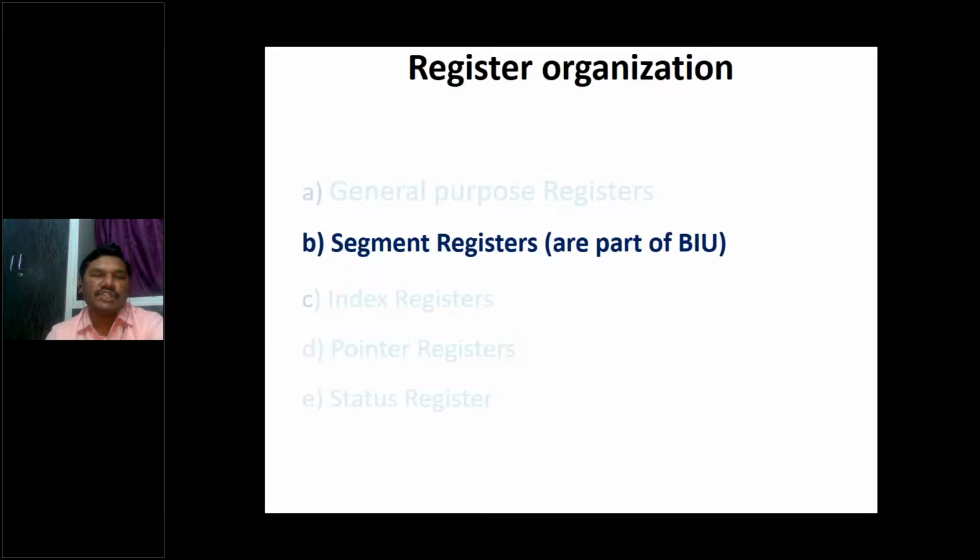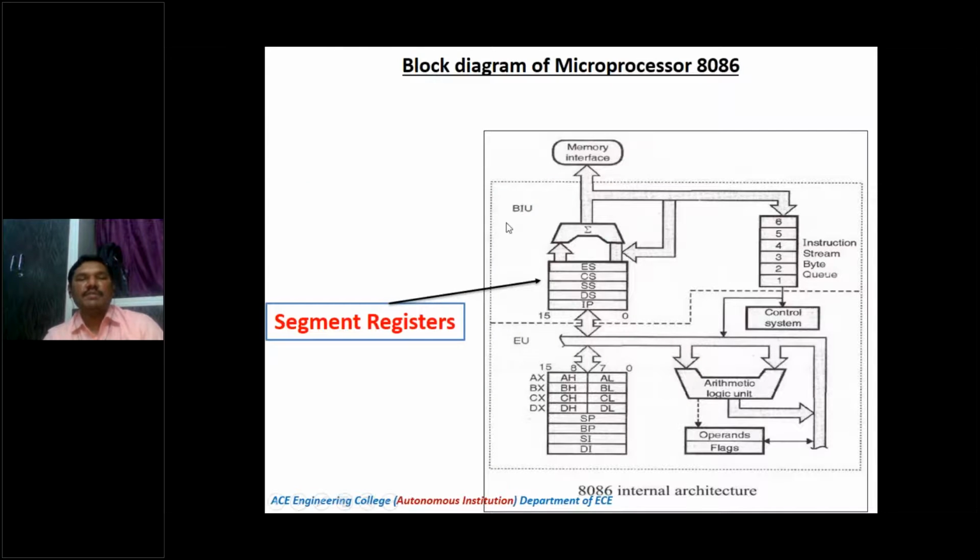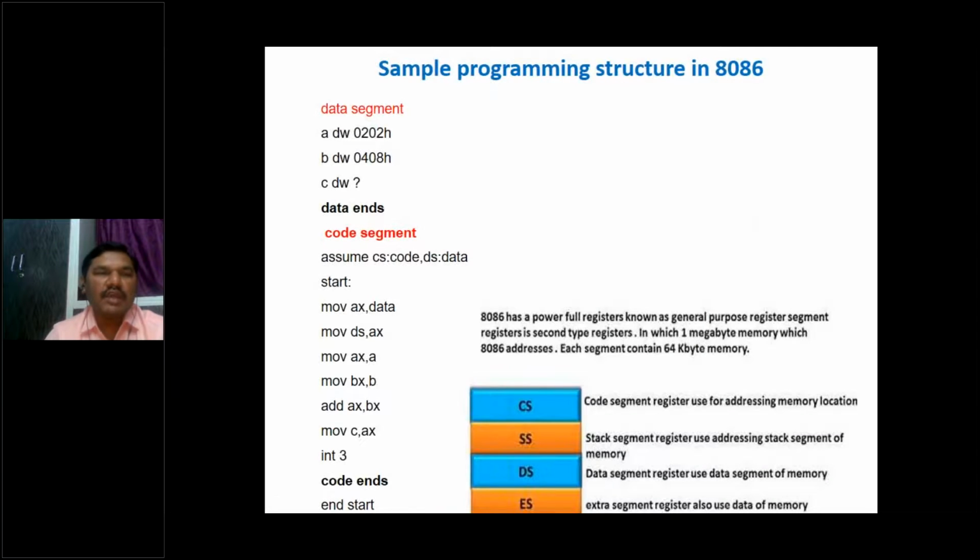Segment registers. Segment registers are part of the bus interfacing unit, and here we have 4 types of segment registers: extra segment, code segment, stack segment, and data segment. Before going further, we will see what is meant by segment. Here we have 4 segments.